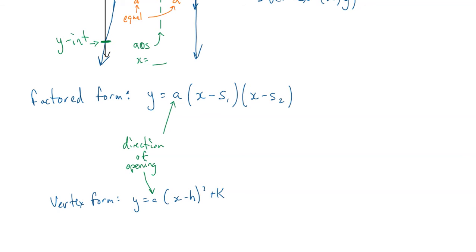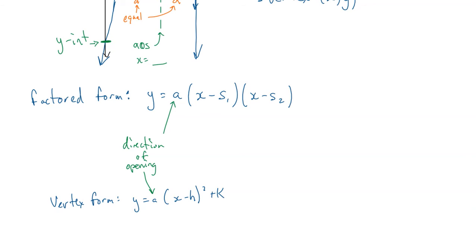It's the same a value in factored form. Whatever number is out front of the brackets, I don't care if it's a 2 or a 3 or a 4, that would be a stretch, but because we're sketching, we're not worrying about that. We don't have to do a stretch or a compression. We don't have to do that accurate thing. So we only care if it's positive or negative, if it's opening up or down. Okay, but it's the same as vertex form.